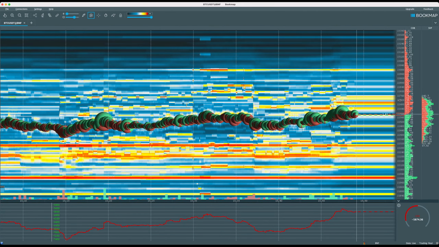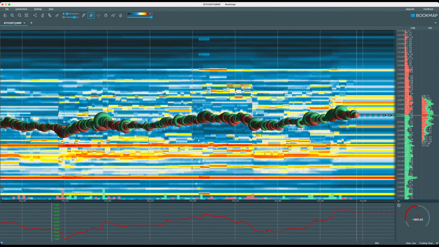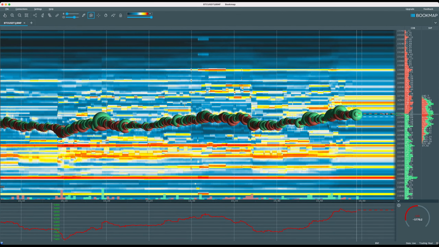Could be a reason why that would be a good place to reverse. Well, you will often see a lot of limit orders in those specific areas.